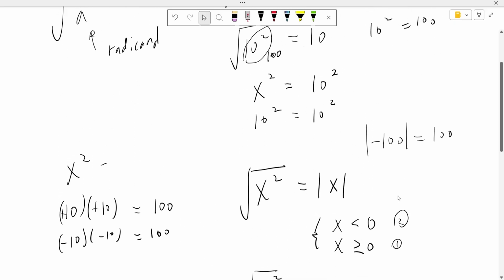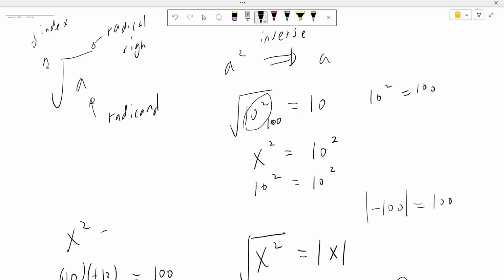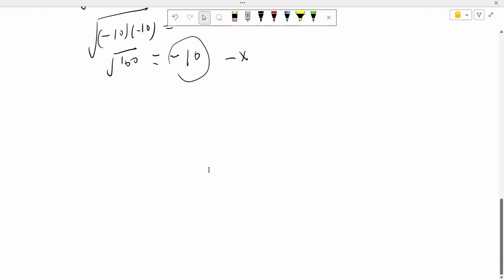So we just looked at primarily the case where n was 2, so we're taking the square root, but we can also take the nth root, and let me explain what that means. When you have the 2 here, it meant what is the number that, when taken to the second power, results in the radicand a.